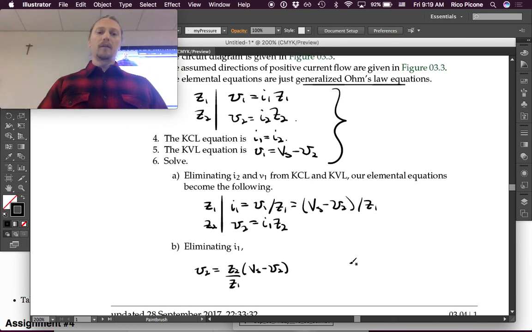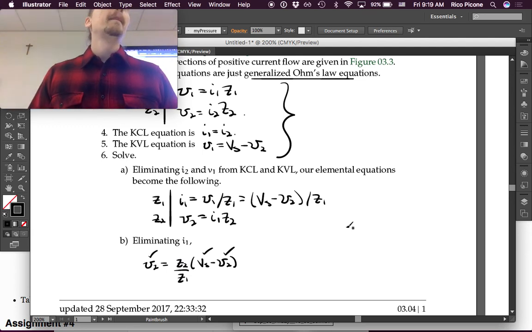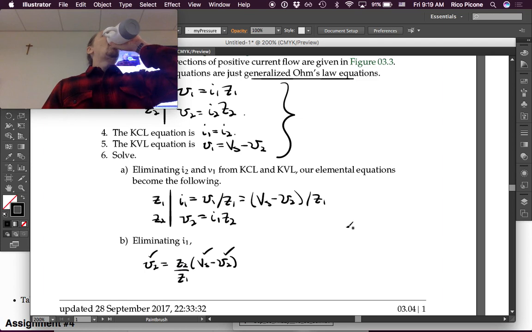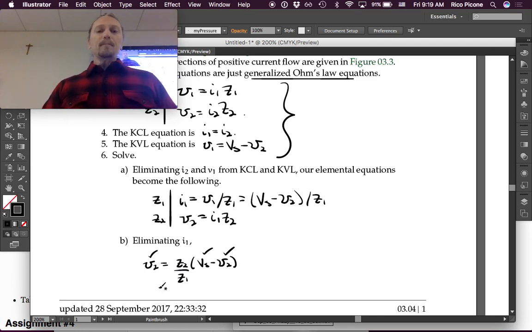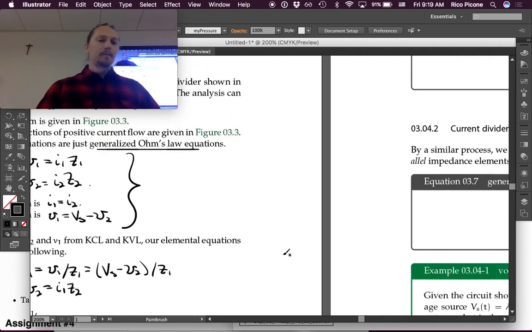We want to solve for V2, right? We've eliminated everything except for V2 and Vs. Vs is the source. So we need to bring the V2 term from the right-hand side to the left-hand side.